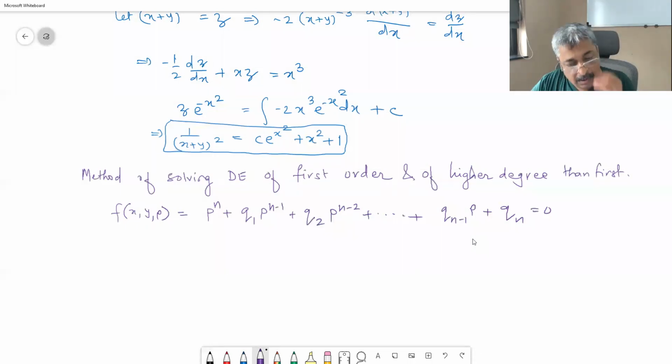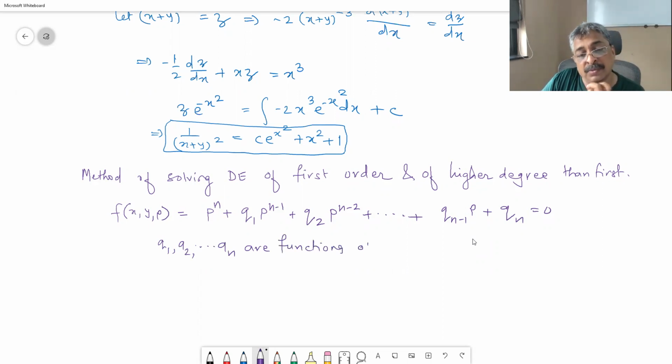And then what are these q1, q2s? q1, q2, qn are functions of x and y. This can be any, but without the differential coefficient. The differential coefficient is p. P is dy by dx.